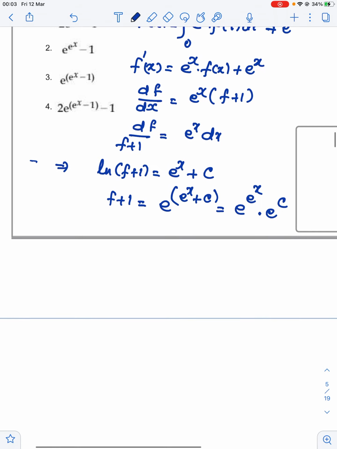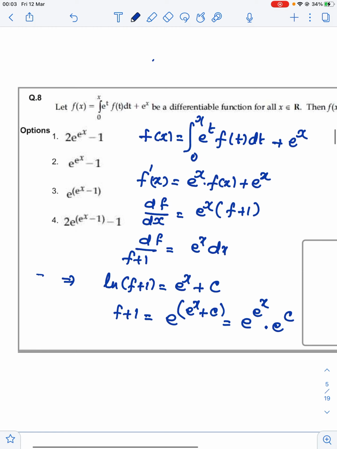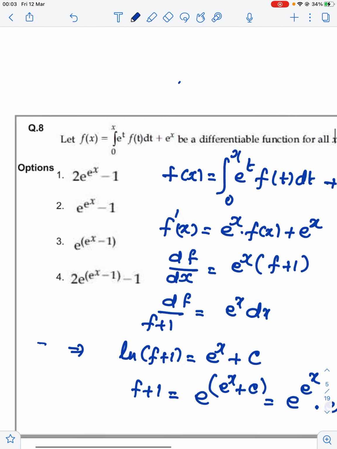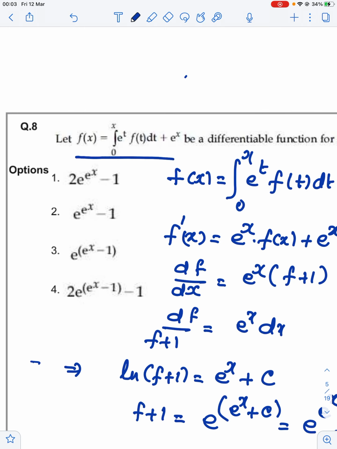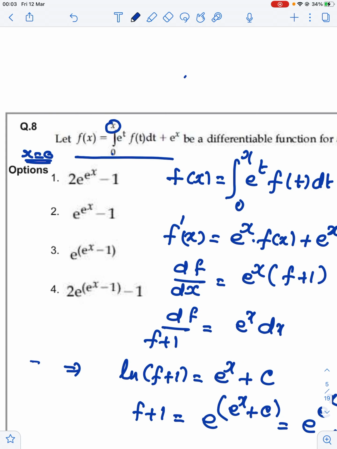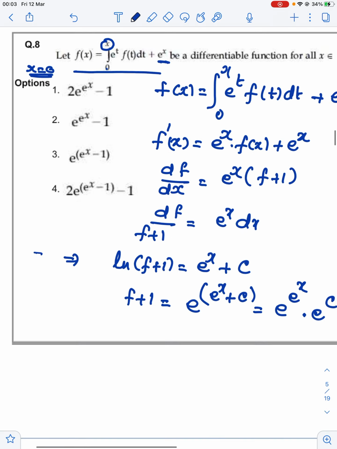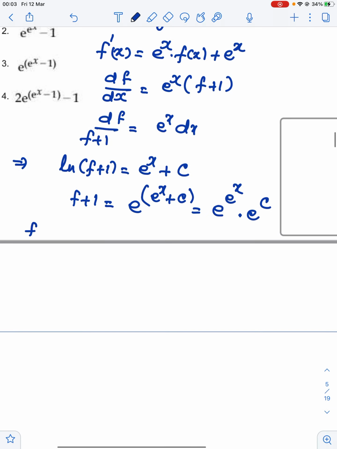Now to get the value of c or e to the power c, we can use the original function. Look at the original function here. If I put x equal to 0, the integral becomes 0, because for any integration, if the lower limit and upper limit are the same, it is going to be 0. So x equal to 0, if I put into e to the power x, it will give us 1. So f of 0 is 1, we can put.